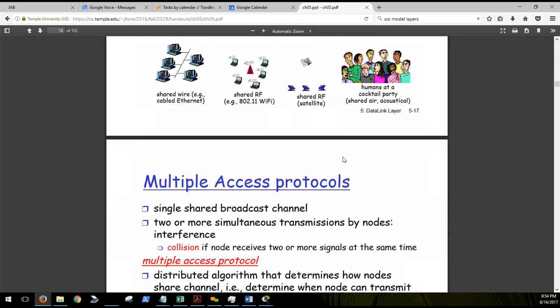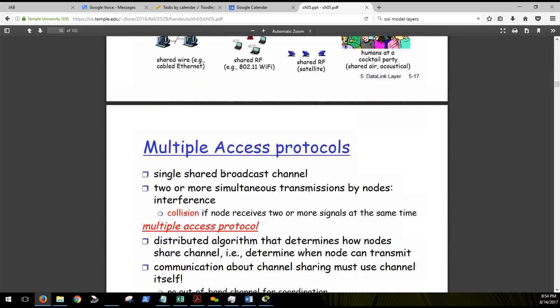So, single shared broadcast channel: when we talk about multiple access protocols, two or more simultaneous transmissions by nodes cause interference. This is called a collision.